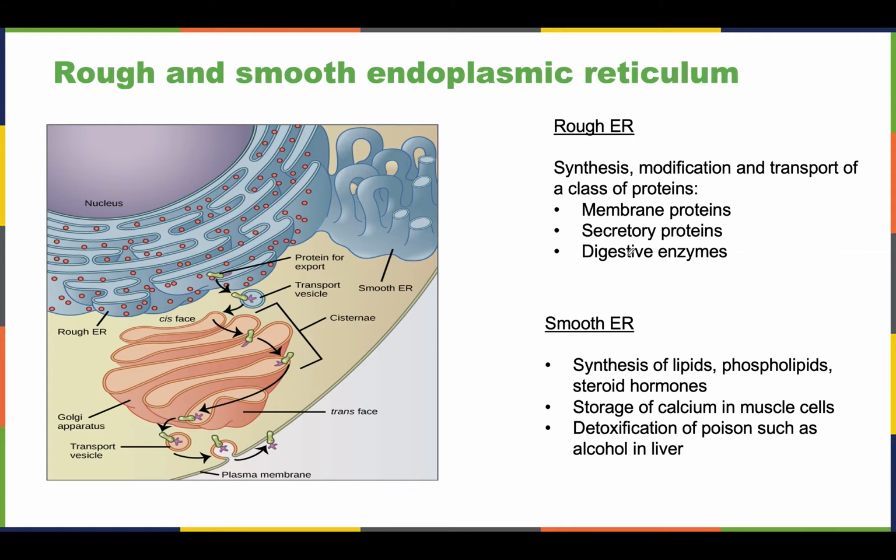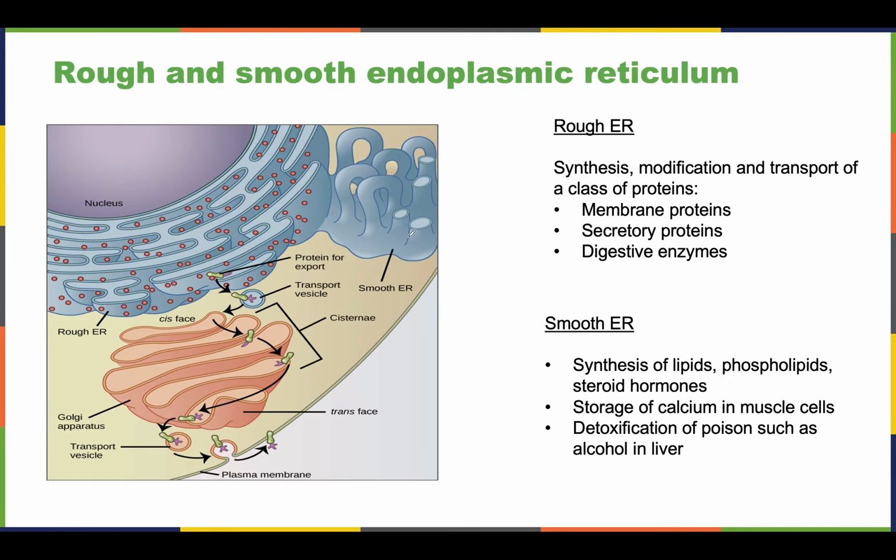They could be digestive enzymes, which end up going to another organelle called the lysosome, or any other type of protein that has a signal attached to it that tells the cell, ship this protein to this particular location. So that's the function of the rough ER.